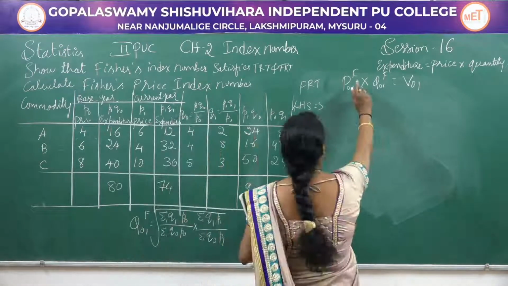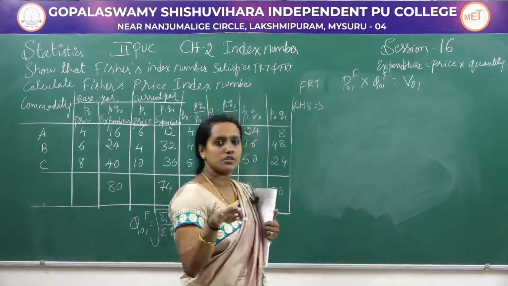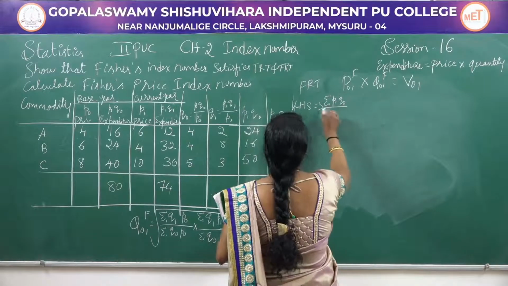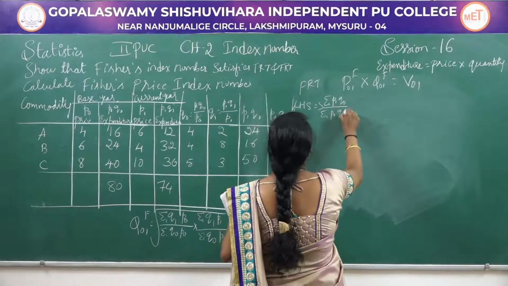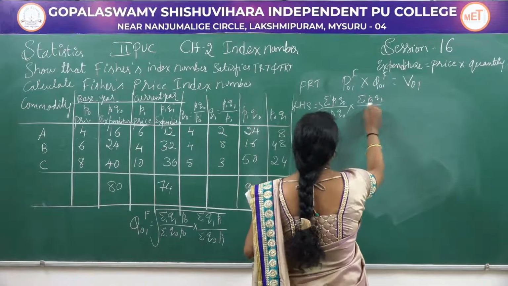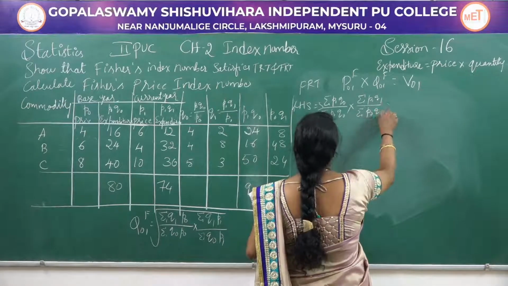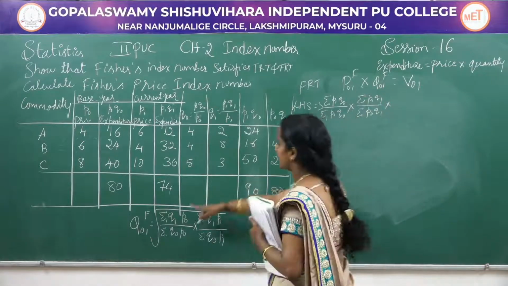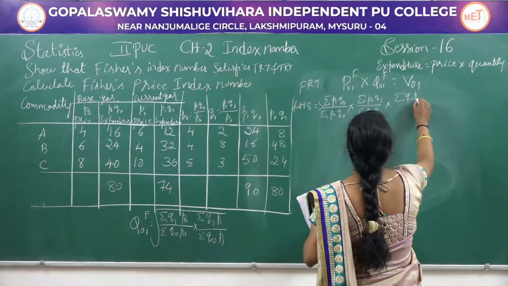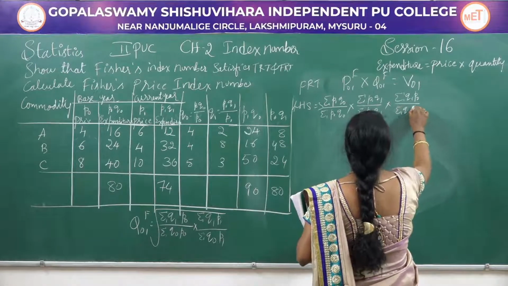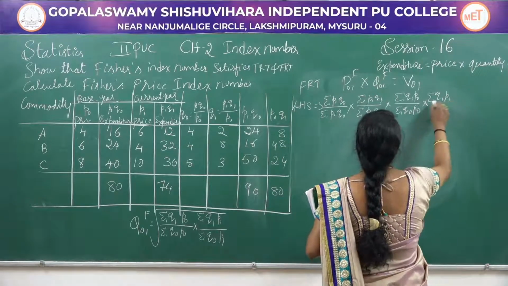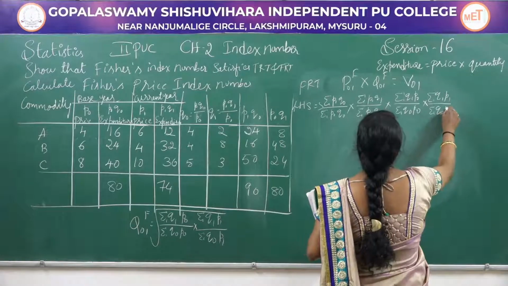For P01 of Fisher's, you know the price index number of Fisher's. I will write that formula, the square root of summation of P1 Q0 by summation of P0 Q0 into summation of P1 Q1 by summation of P0 Q1, into this quantity index number, this formula I am carrying here: the square root of summation of Q1 P0 by summation of Q0 P0 into summation of Q1 P1 by summation of Q0 P1.